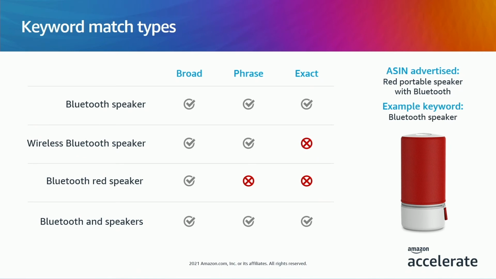For the shopping query Bluetooth red speaker, only broad would be eligible to display because the phrase is now separated by the word red and it is not exactly the keyword you entered. The last example is there to highlight the fact that some words such as "and," as well as pluralization, do not impact the match type's eligibility to display your ad.